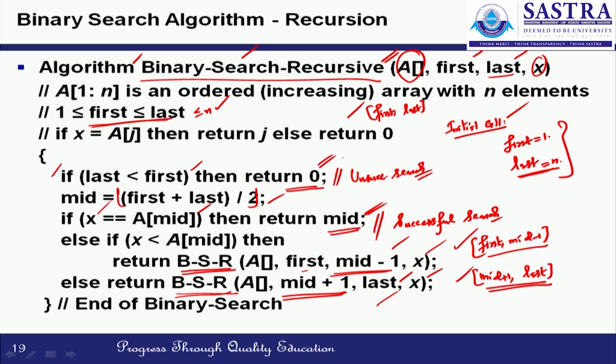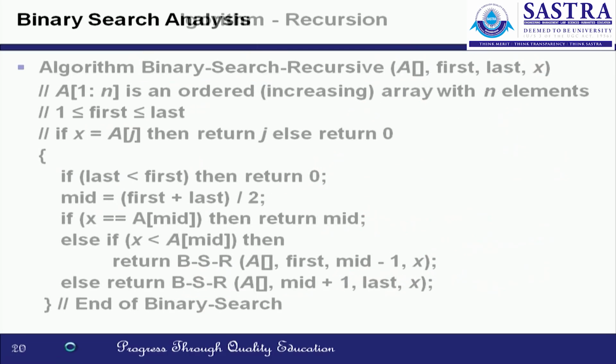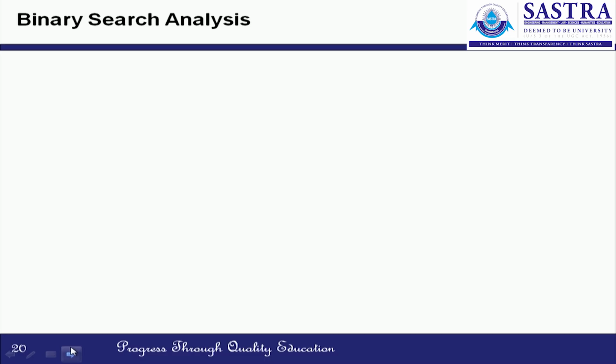We can also verify the correctness of the recursive binary search algorithm by taking sample values, say n is equal to 5, n is equal to 10. The recursive binary search algorithm also works correctly. If there is a successful search, the algorithm returns a correct index.